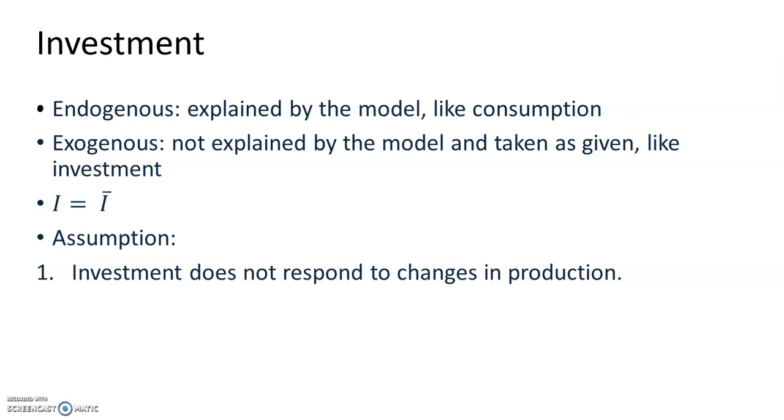We will take investment as given and write I is equal to I bar. Putting a bar on investment is a way to remind us that we take investment as given. The assumption we make is that investment does not respond to changes in production.